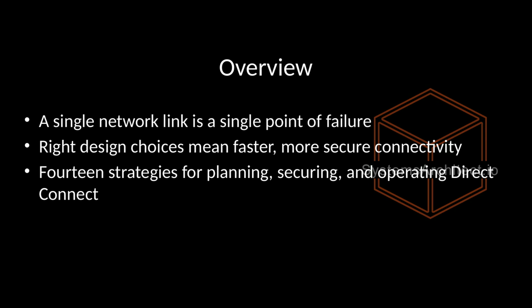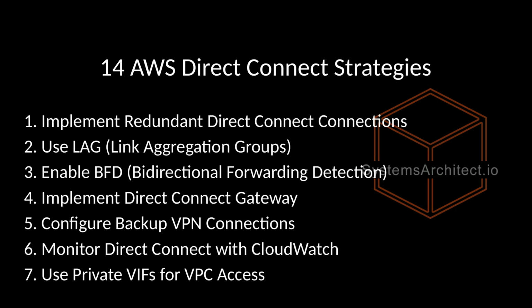14 AWS Direct Connect strategies. 1. Implement redundant Direct Connect connections. 2. Use LAG, link aggregation groups. 3. Enable BFD, bidirectional forwarding detection. 4. Implement Direct Connect gateway. 5. Configure backup VPN connections. 6. Monitor Direct Connect with CloudWatch. 7. Use private VIFs for VPC access. 8.